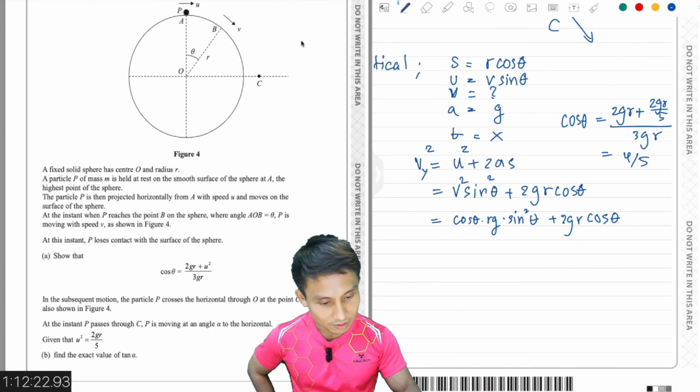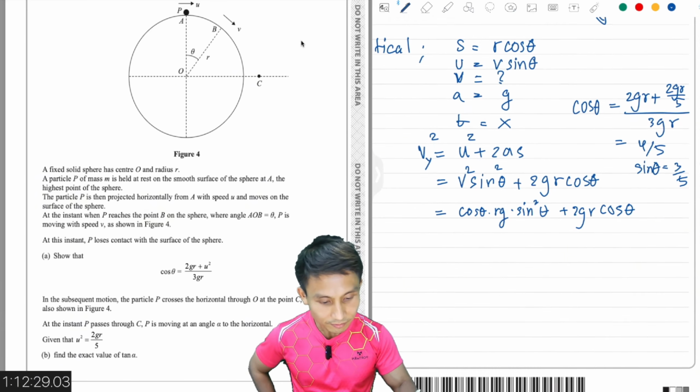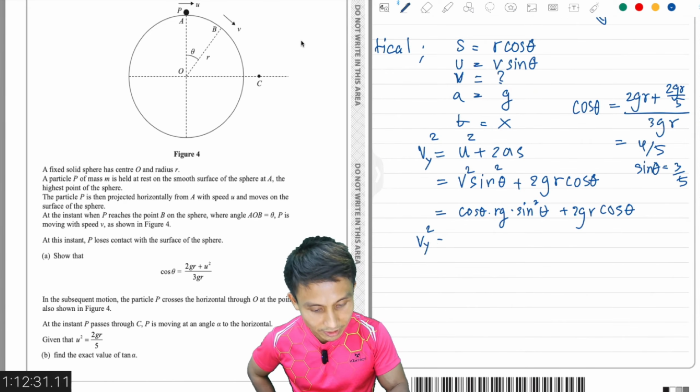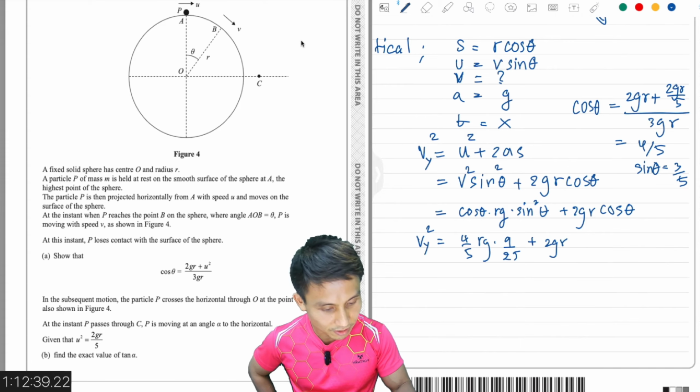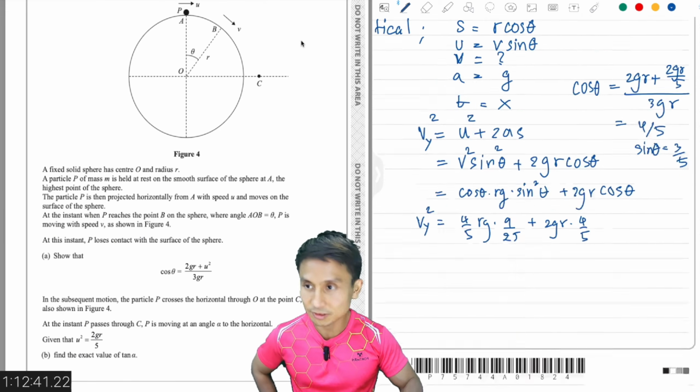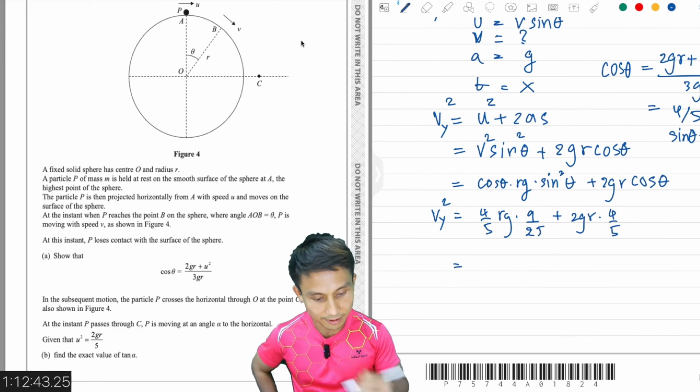Using the triangle trick, sine is 3 over 5. So Vy squared is 4 over 5 rg times 3 over 5 squared, which is 9 over 25, plus 2gr times 4 over 5.